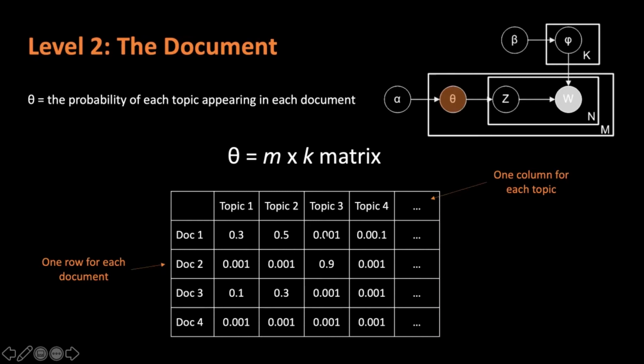You know, I've said 0.001. Probably it would actually be much lower in the actual implementation of the algorithm, but I didn't want to put too many zeros. Document 3, meanwhile, has a bit of topic 1 and a bit of topic 2. Document 2 is almost entirely made up of topic 3. So at the document level, the model learns the structure of each document in the corpus.